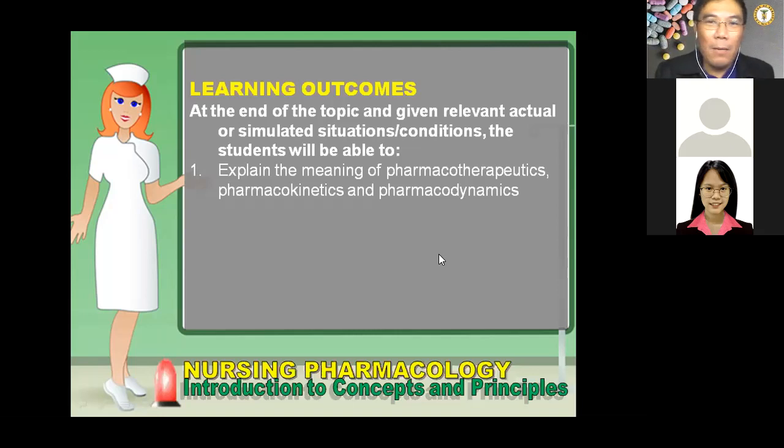Pharmacokinetics and pharmacodynamics. What's the difference between pharmacokinetics and pharmacodynamics? Pharmacokinetics is the concept wherein drugs are absorbed, distributed, taking action in the body, and the excess of their properties is eliminated.